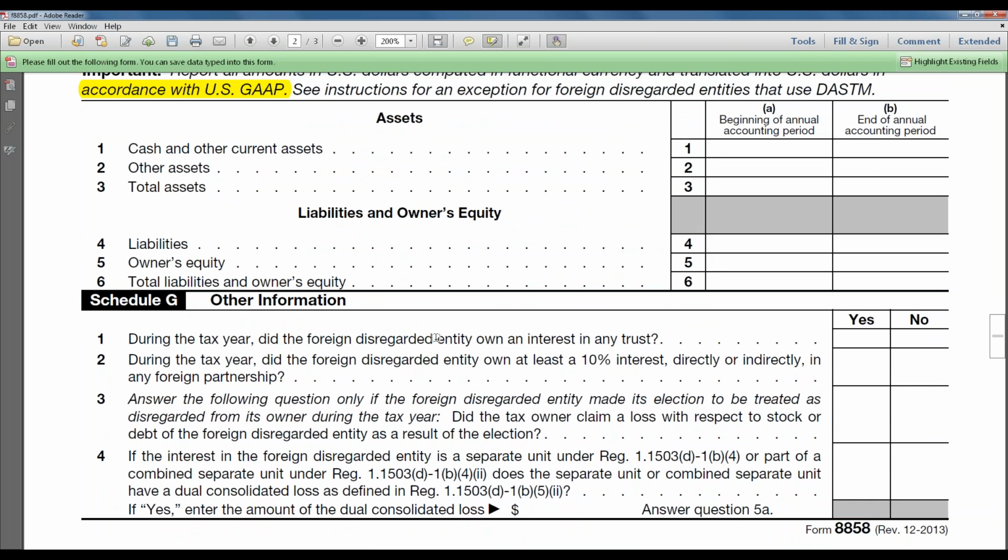Ownership interest in any trust, I found that to be interesting, even domestic trust. The IRS is starting to read the news, and they read that for the last 10 years or so, a domestic trust can also be treated as a tax haven trust. And so they're starting to look at that. Once again, asking this information probably more to try to learn what's going on.